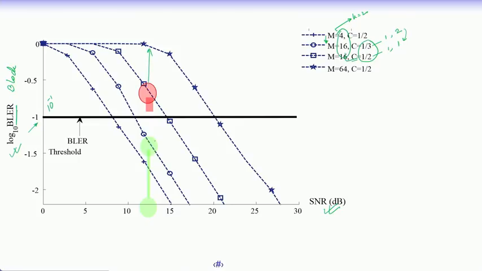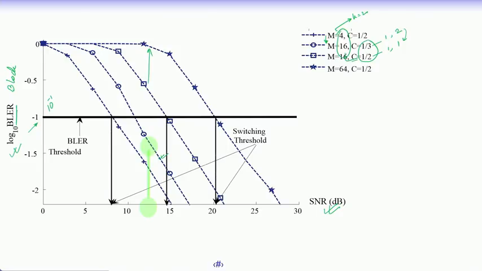So, one has to restrict oneself to that modulation code rate which is below the threshold, and as the SNR increases, one can use higher and higher modulations. So, we find there are SNR switching points, these are called SNR thresholds. Okay. So, if the received SNR is somewhere here, one would definitely choose this modulation, and this is 64 QAM with rate half as given in this particular picture. 64 QAM means 6 bits, rate half means 1/2.